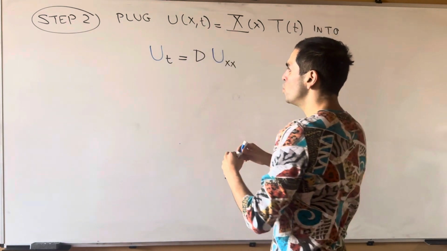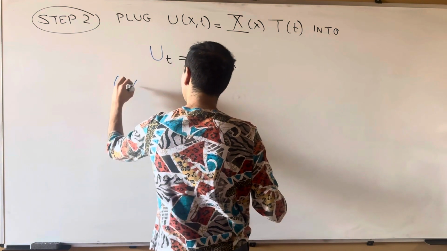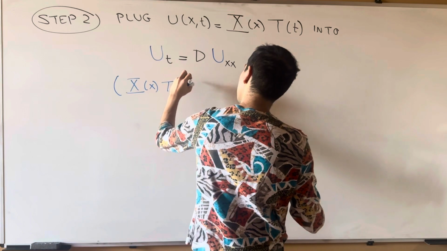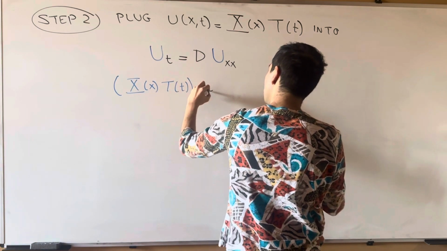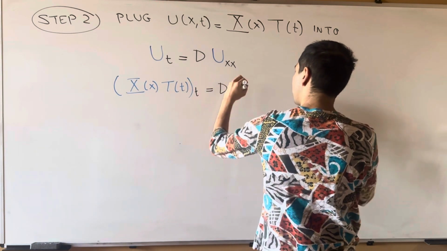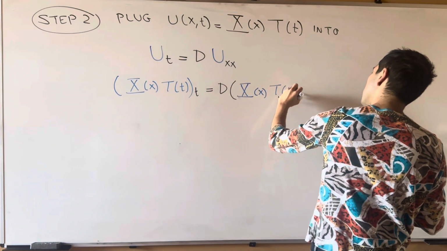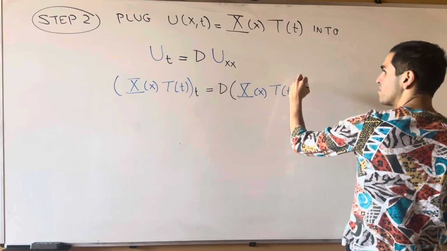Well, now remember, u is X times T, so X(x) times T(t) with respect to t is d times X(x) T(t) with respect to xx.